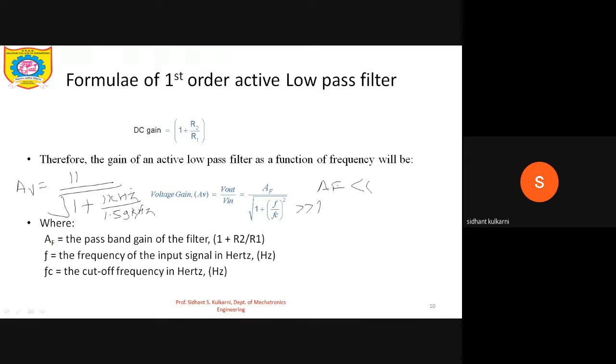The kilohertz gets cancelled. Therefore, AV is equal to 11 divided by square root of 1 plus 1 divided by 1.59, which is 0.628. Therefore, AV is equal to 11 divided by square root of 1.628.